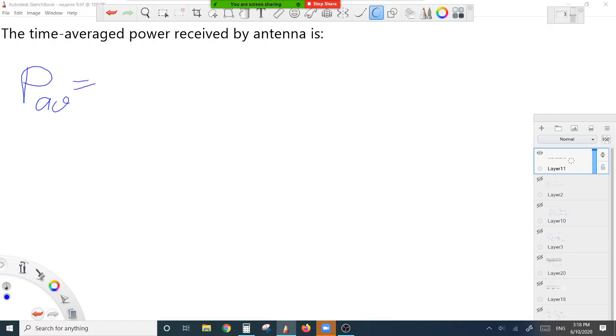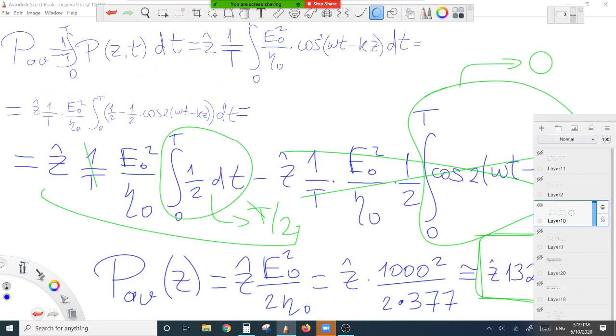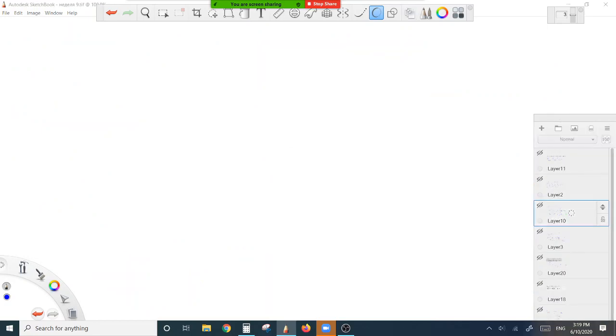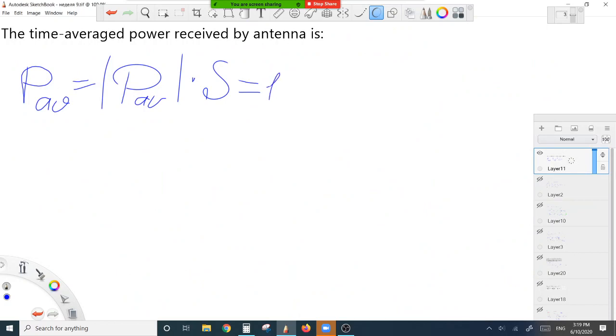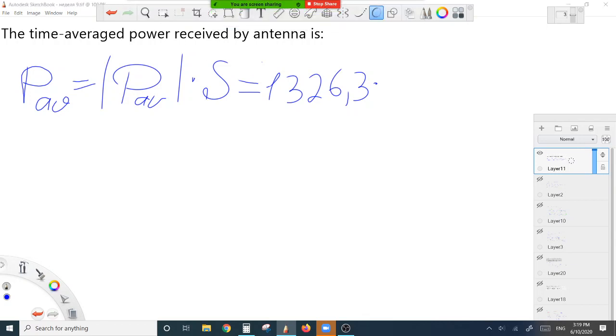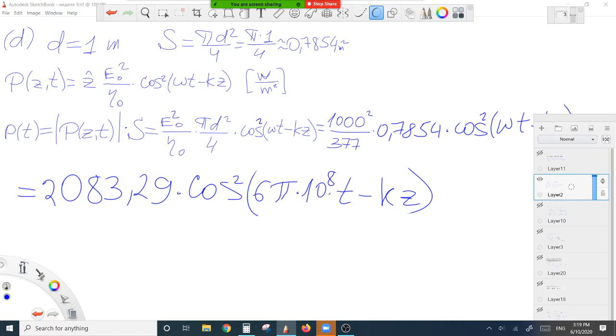P average is equal to the time averaged power density multiplied again by S. Time averaged power density is 1326.3, and the surface area of our antenna is 0.7854.